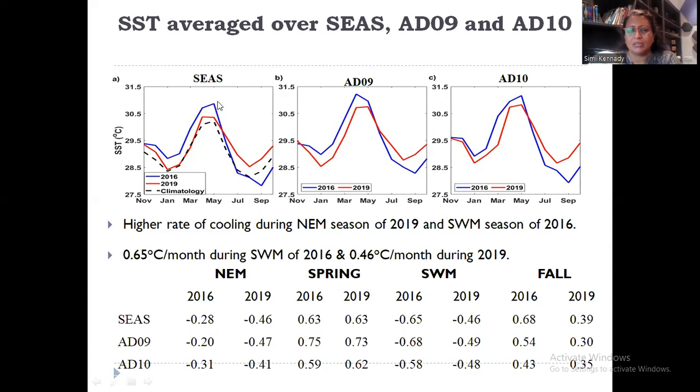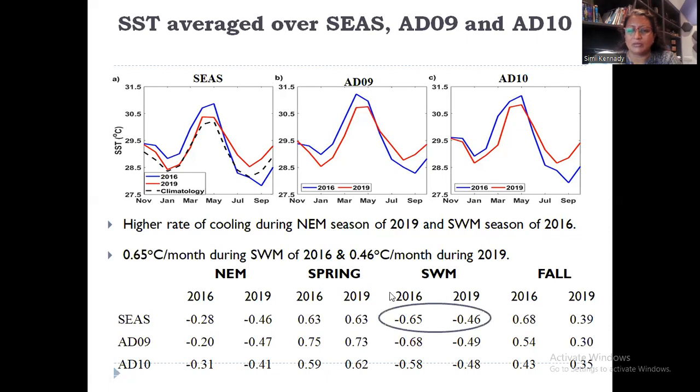The cooling that happens in the following southwest monsoon season during 2016 is very intense. The cooling is not that intense during 2019, and this has resulted in warmer fall transition months also. If you look at 2019, it is following a warmer SST compared to climatology, and this scenario is followed in both the mooring locations, AD09 and AD10, also.